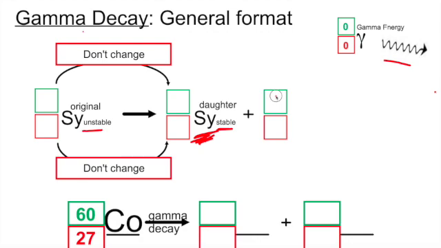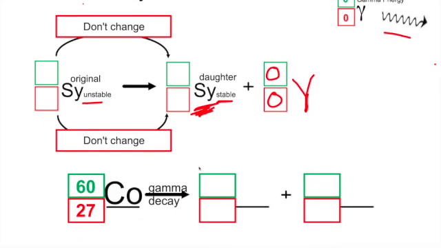And you don't put anything in these boxes other than zeros because the protons and neutrons don't change. The only thing that does happen is that energy comes out. So we use this funny looking Greek symbol, gamma, to represent the gamma energy.